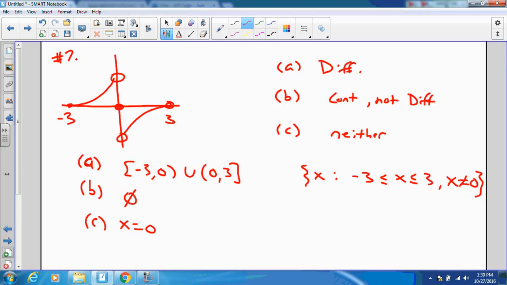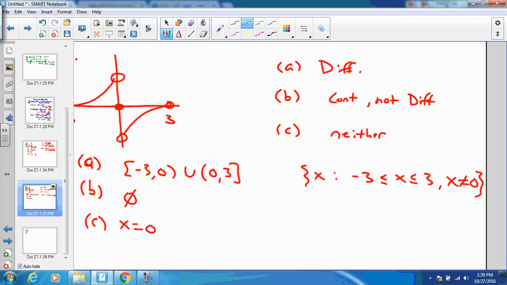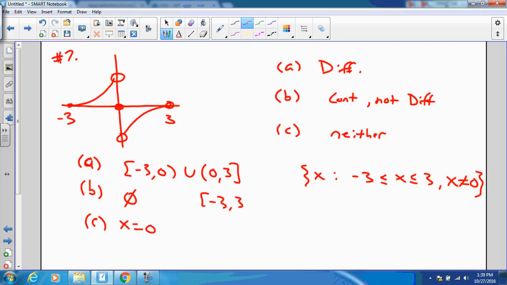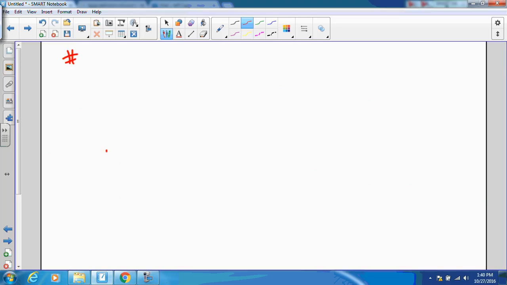Actually, if you're feeling in a real hurry, you'll see this in the literature a lot: -3 to 3, take away the set consisting of the element 0. So that's acceptable notation as well.